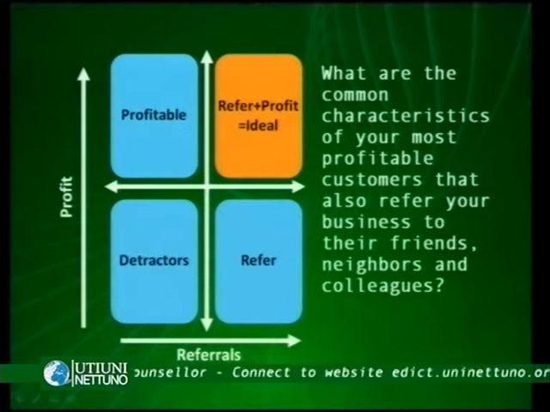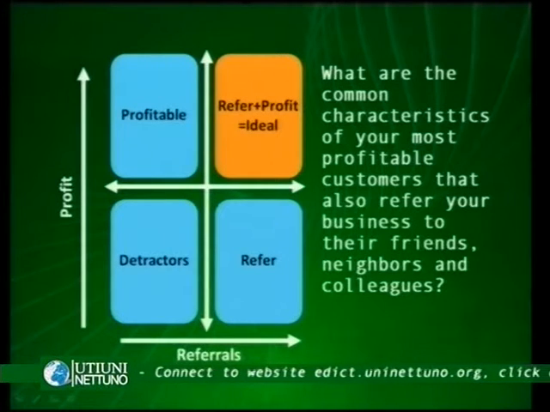So once you put those list of people that are actually profitable and refer you, and those that are only profitable, start to look at the common characteristics of your most profitable customers that also refer your business to their friends, neighbors, and colleagues.